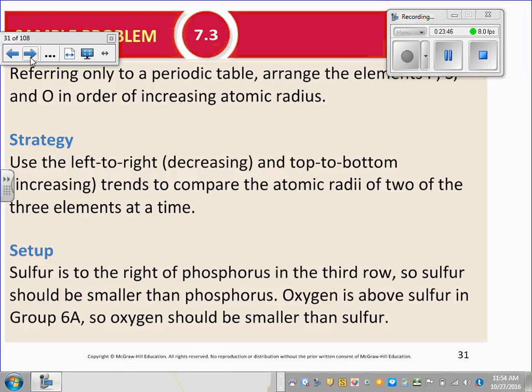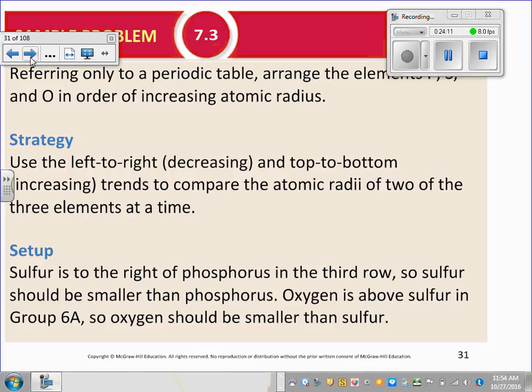Phosphorus and sulfur. What's the relationship? Which one is farther to the right? Sulfur. Which one is smaller, phosphorus or sulfur? As we go from left to right, we said it decreases, so sulfur should be less than phosphorus.